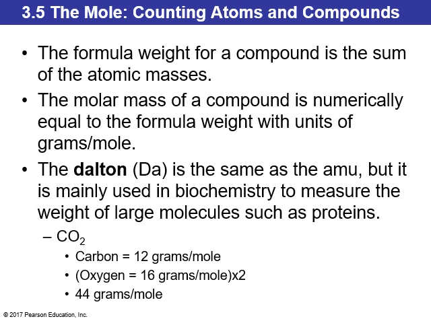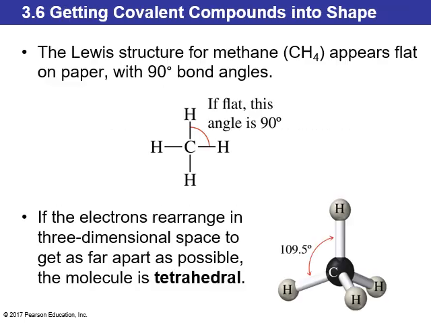So I would have 32 grams per mole of oxygen if I had 1 mole of CO2. And the mass of the entire thing, if I had 1 mole of CO2, would be 44 grams per mole. So the 44 grams per mole is the 12 grams from carbon and the 32 grams from oxygen. So that's how we calculate the molar mass.